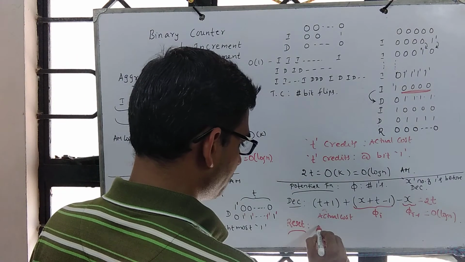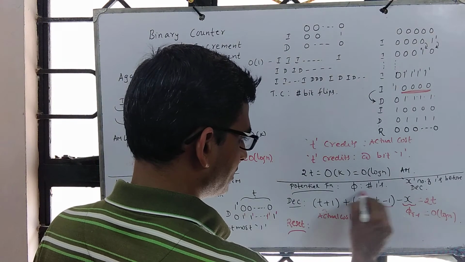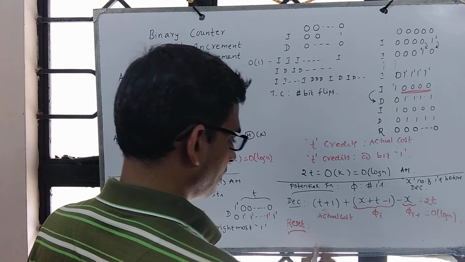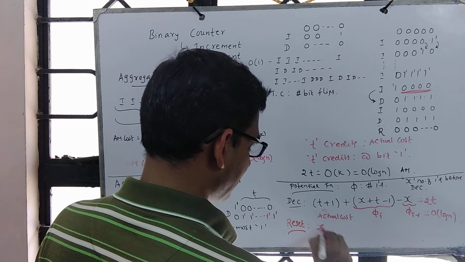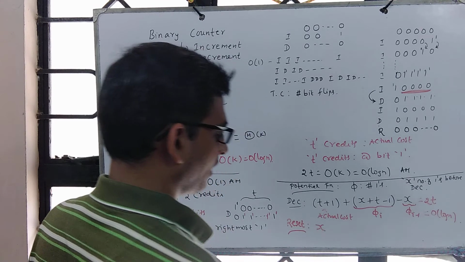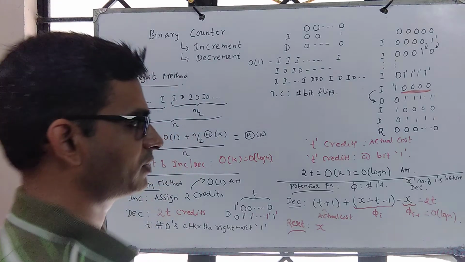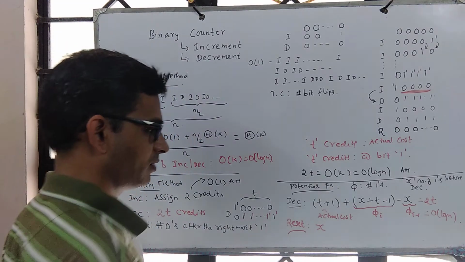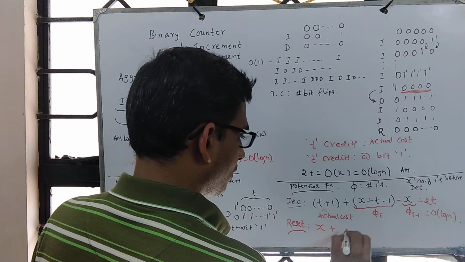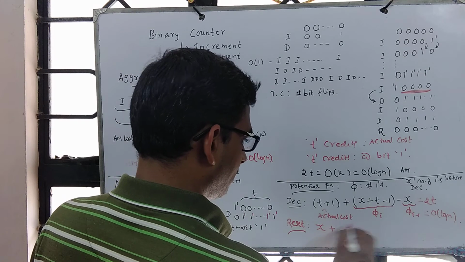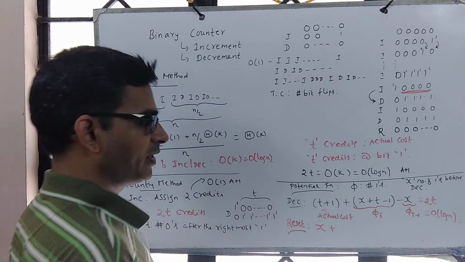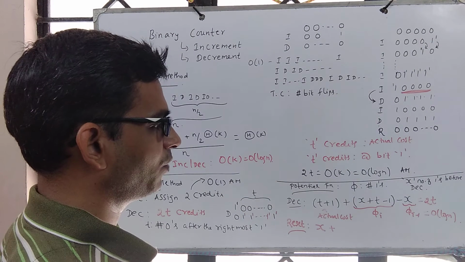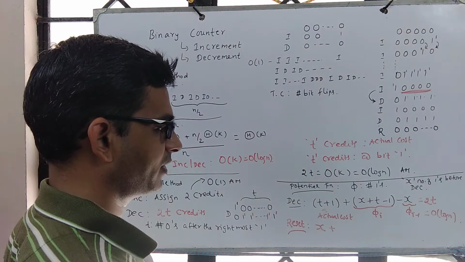Now what would be the actual cost? X represents the number of ones, and so x number of ones are there, and all of them are flipped to 0. Now look at the change in potential. Are we increasing the number of ones because of the operation?